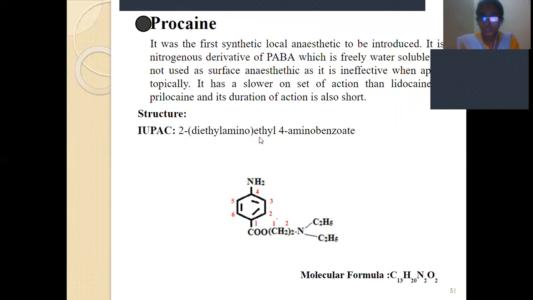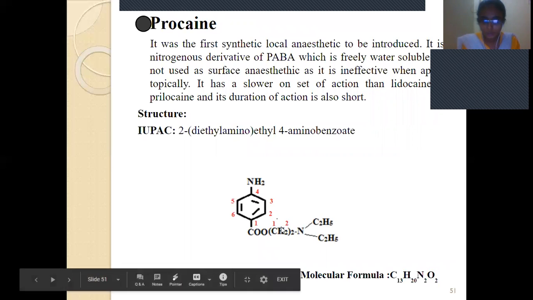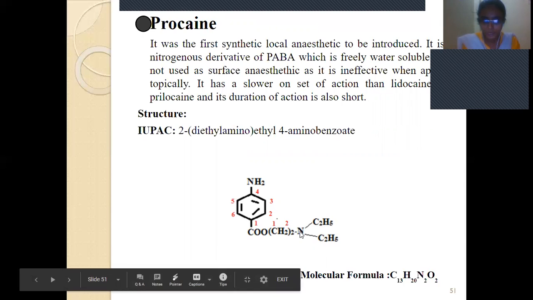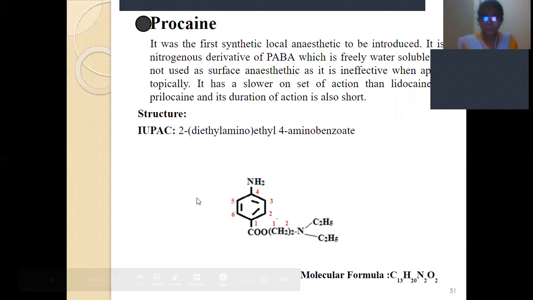See here, this is amino and benzoate, and this is 1, 2: two carbon atoms means ethyl, diethylamino. So 2-diethylaminoethyl 4-amino benzoate. So this is the structure and IUPAC name.